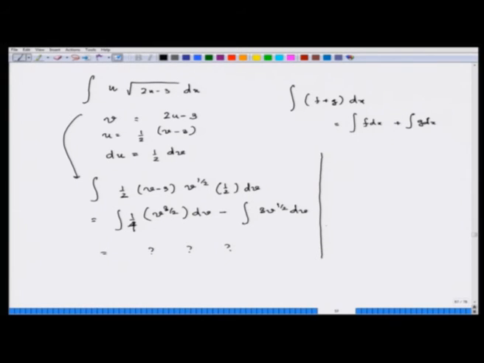Following for the case where you really want to use the substitution method and do a definite integral, let us take an example. For example, the integral from minus log base e of 2 to 0 of e to the power x root over 1 minus e to the power 2x dx, and let us see what happens here.